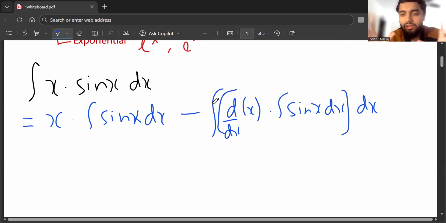I'm going to put that in brackets to make sure they're together. So this little dx is for the sine x integral, and the outer dx is for this integral.